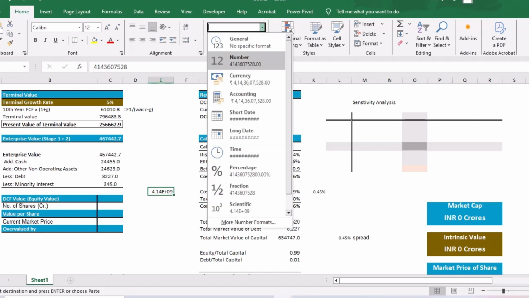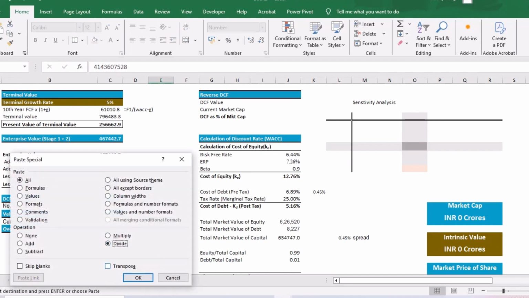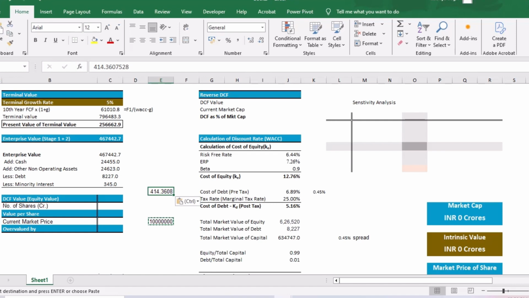It should be a number, and I need to divide it by 1 crore. This is our total number of outstanding shares. We need to adjust it for our ESOPs.